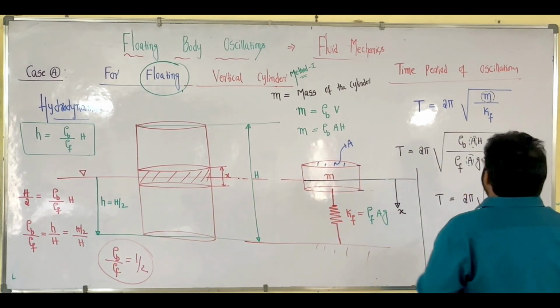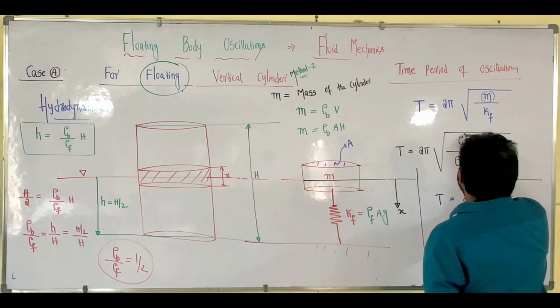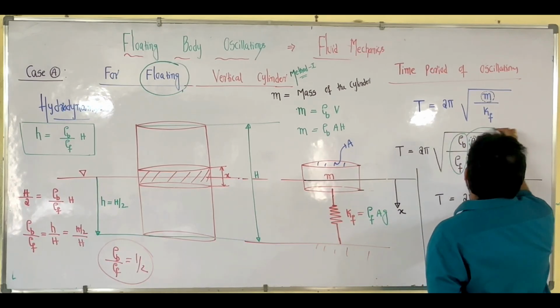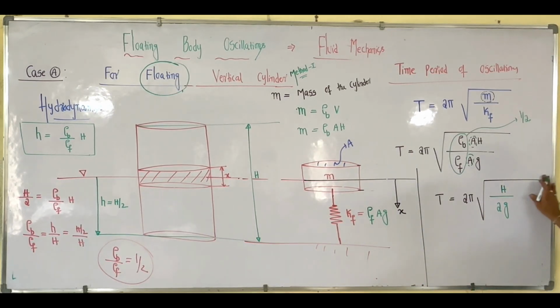Replace density of the body by density of the fluid with 1 by 2, then H by 2g will come. Clear?